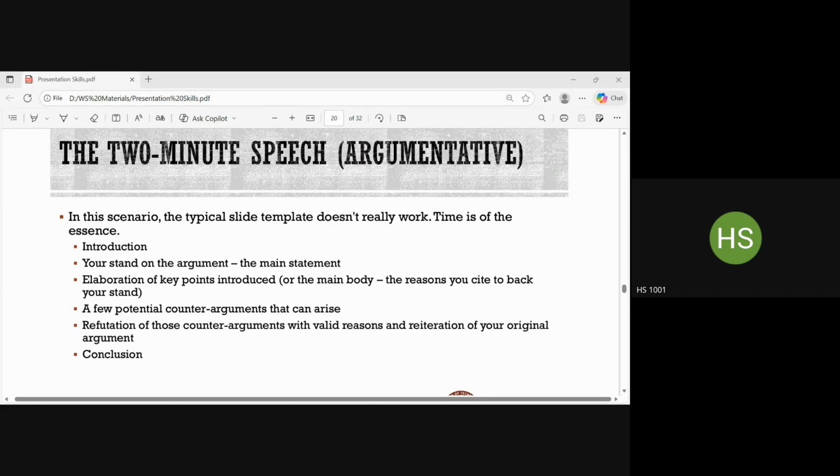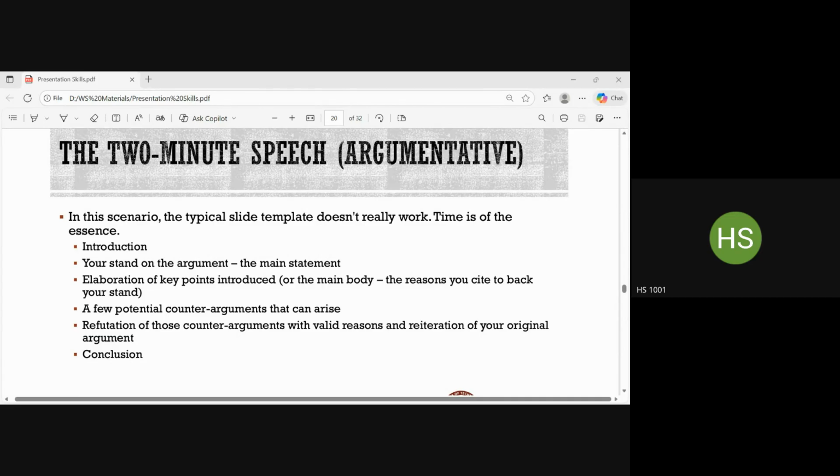When you're addressing your counter arguments, you should remember to remain respectful of the other person's opinions. So you should not try to badmouth the other person or anybody who might hold a counter argument, a counter perspective.